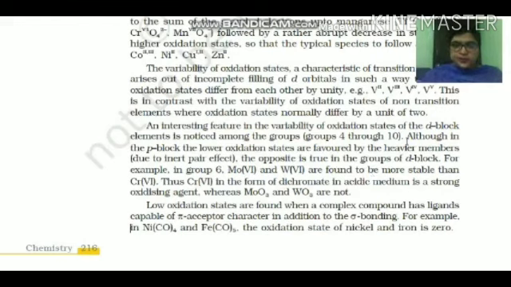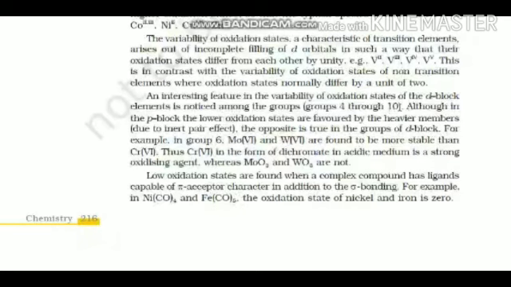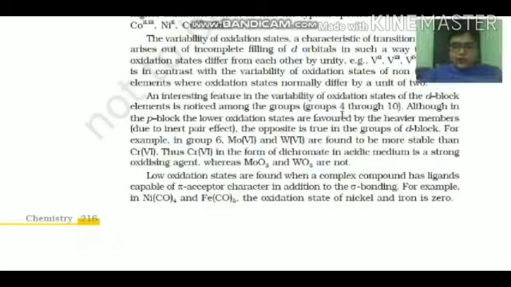So tungsten and molybdenum are more stable in the higher oxidation state, that is +6, as compared to chromium, because you know chromium, molybdenum, tungsten belong to the same group, and on coming from top to bottom, molybdenum and tungsten show more stability as compared to chromium.